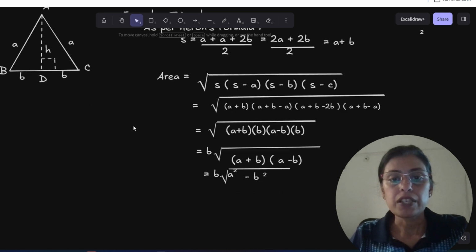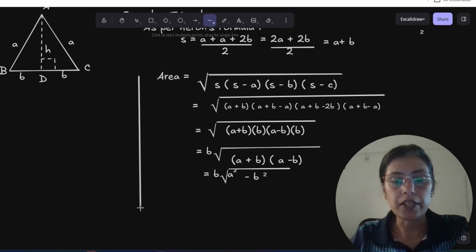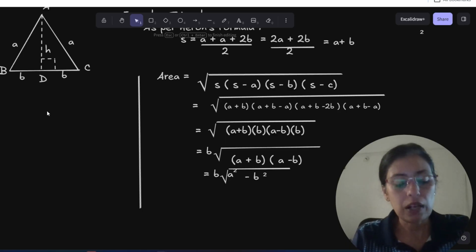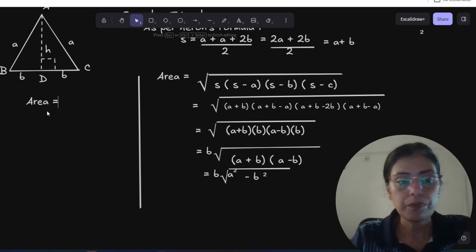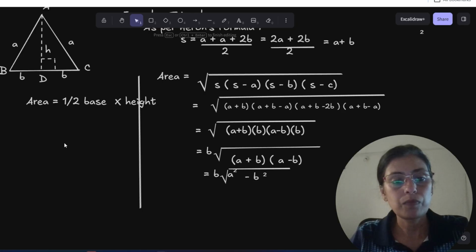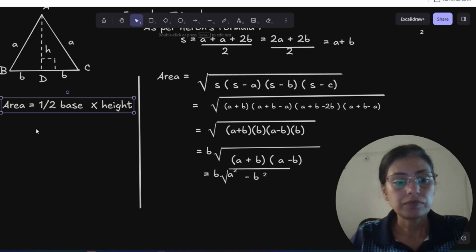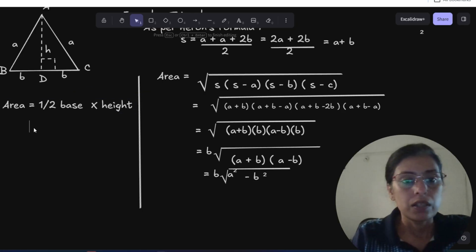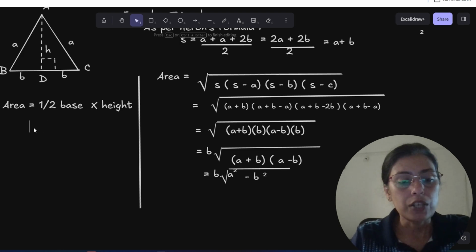Now we can see the other thing using the base into height, right? Let me do it here. So as per the base into height formula, the area will be equal to half of base into height. Now height here we can find using the Pythagoras theorem.